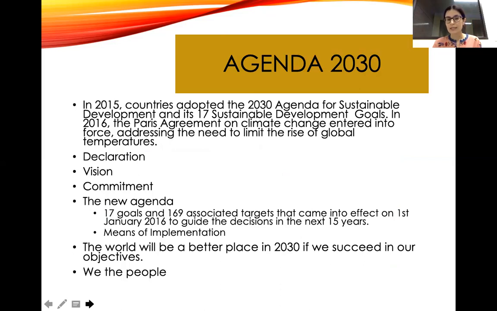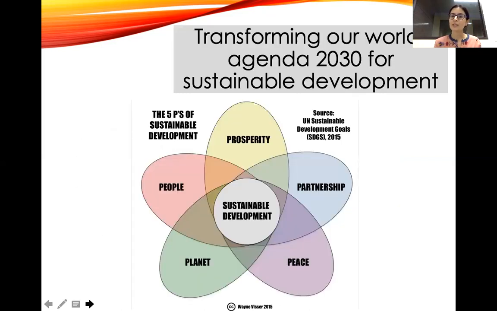So just like the Agenda 21, there was an Agenda 2030 set, and the Agenda 2030 in 2015 agreed on achieving 17 sustainable development goals, which had 169 indicators. So for example, if the goal is to end poverty, then one of the indicators could be people earning, poverty's definition could vary from place to place, but let's say in Pakistan, it's a certain figure that they have to earn every day.